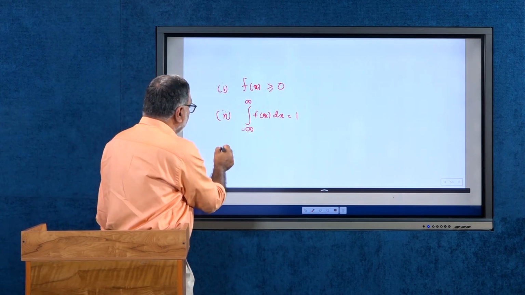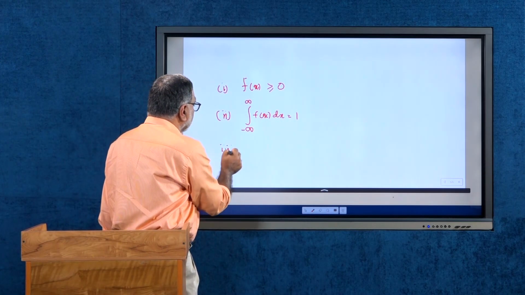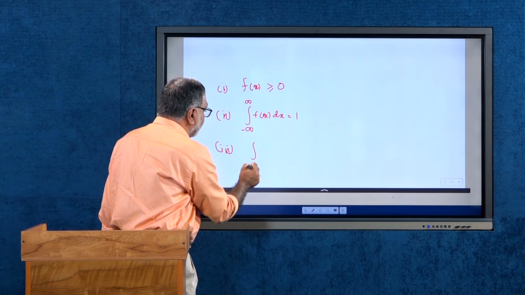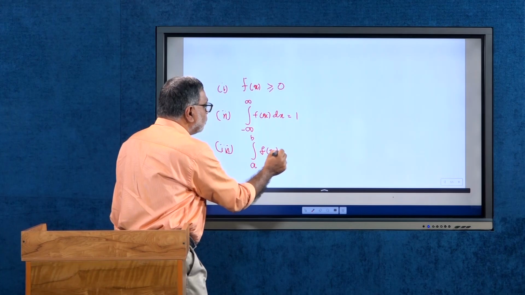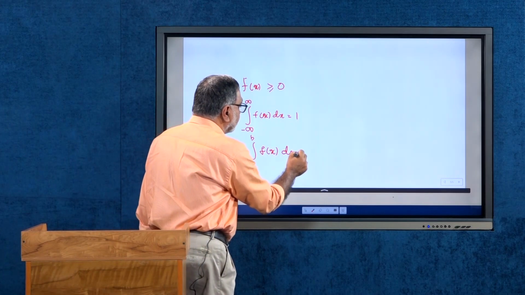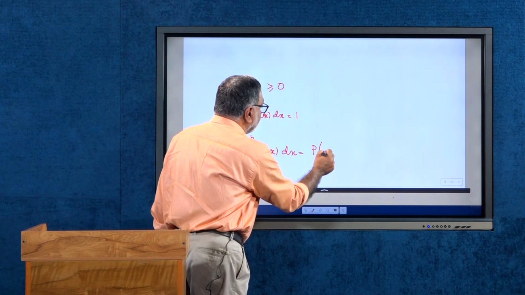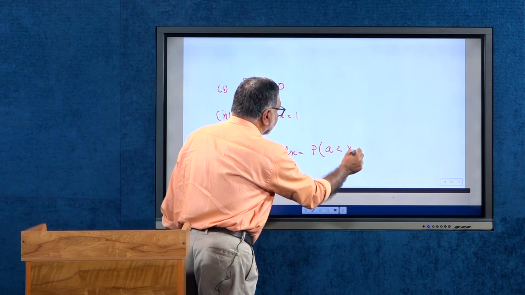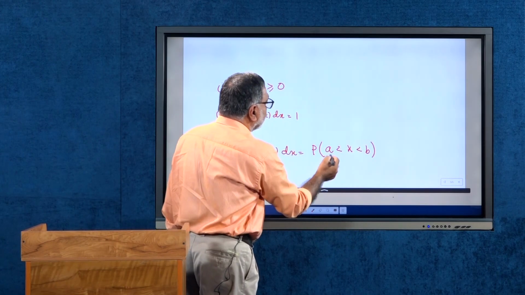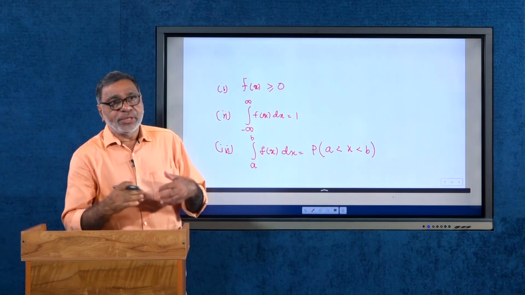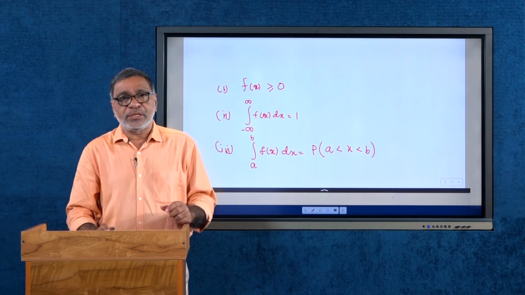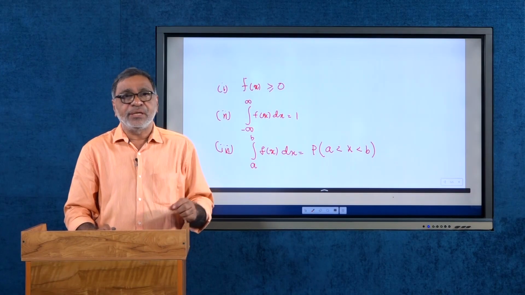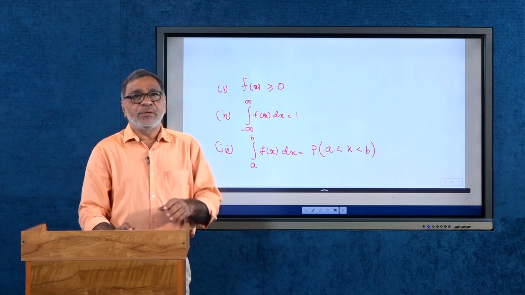And third, if we integrate f(x) from a to b, then that is nothing but the probability of a less than X less than b. So this f(x), the probability density function that we discussed earlier, satisfies these 3 properties.